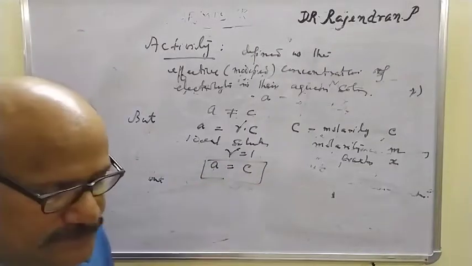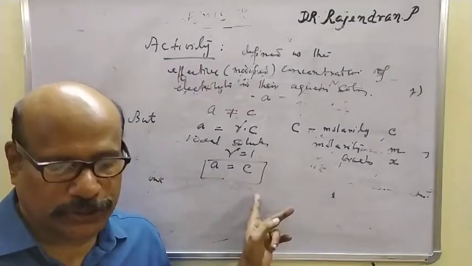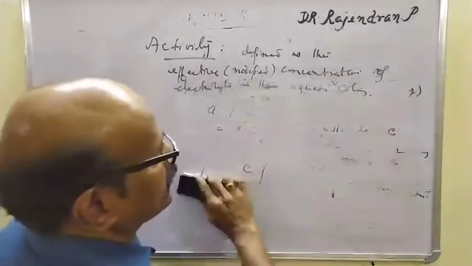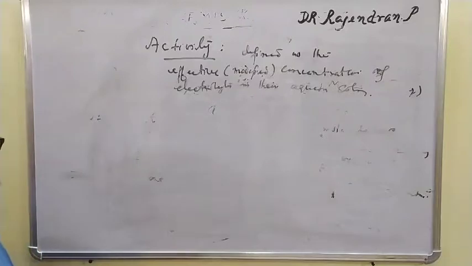Only in the case of a dilute system does the activity become equal to the stoichiometric concentration. Okay. So we have different types of concentration terms, corresponding to which we have different types of activity terms.